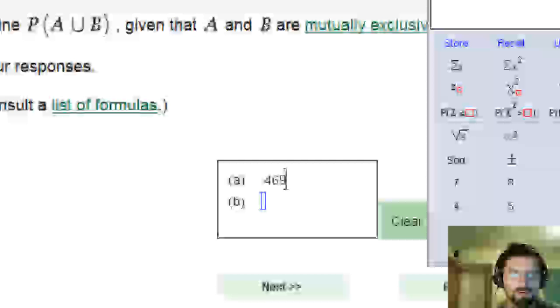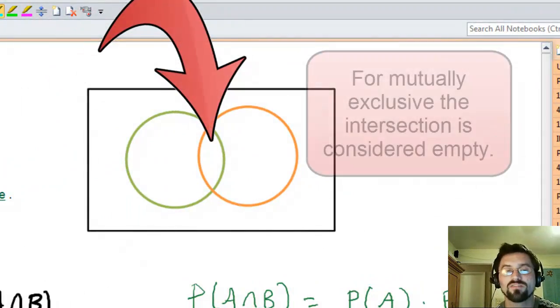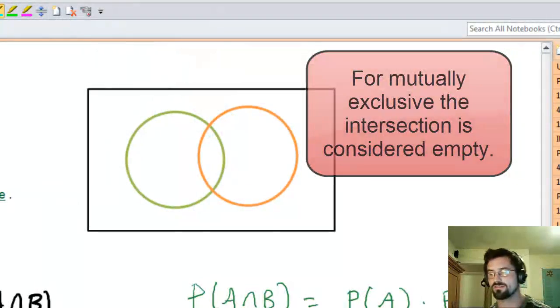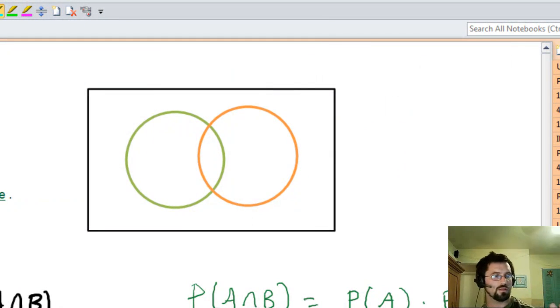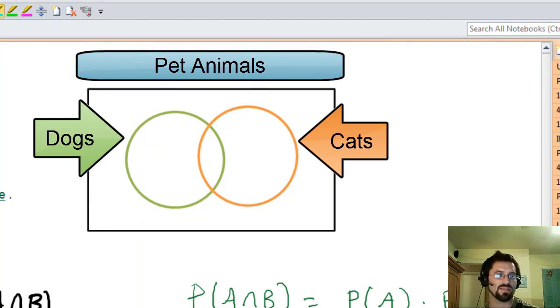Okay, so going back to here now, when two events are mutually exclusive, it means if one occurs, the other one cannot occur. It's impossible. An example of mutually exclusive is the chance that a pet is both a dog and a cat. It can't happen. There's a probability that I walk into a house and a person has a cat.